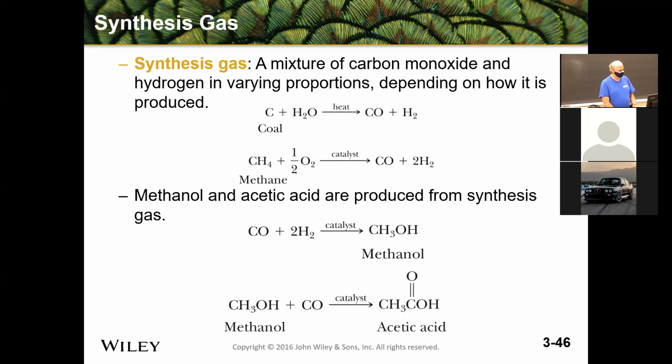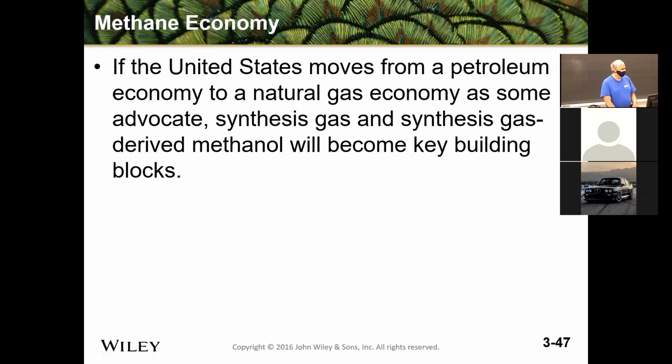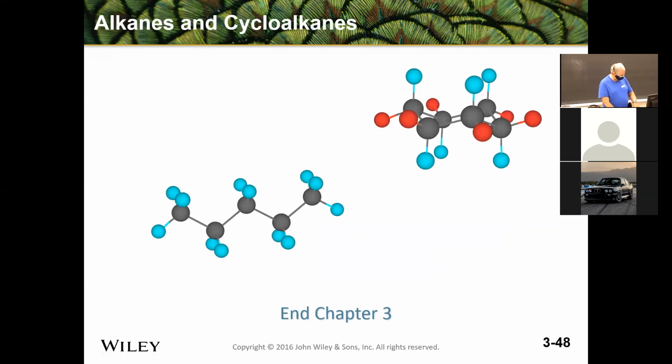Coal is another source of products such as methanol, when it's used to make carbon monoxide, which is then used to make methanol, which can then be converted into a variety of other products.